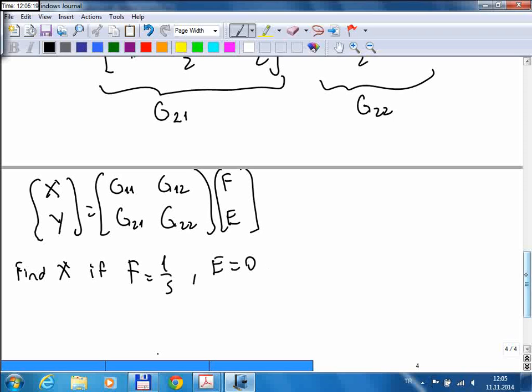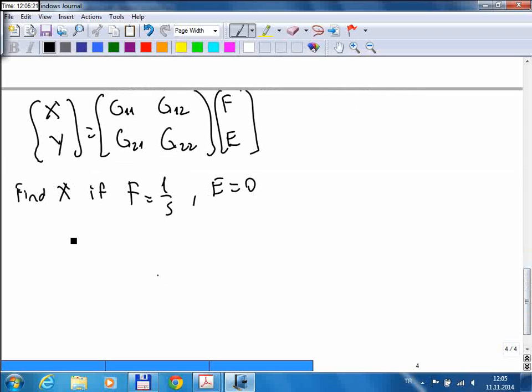Then this is how you're going to do it. You're going to say x is equal to G11 times F, but that is 1 over s, and G12 times E, but since e is equal to 0, that should be 0, and you find this. Then from here you find the actual x in time domain by simply taking the inverse Laplace transform of that x. Okay?